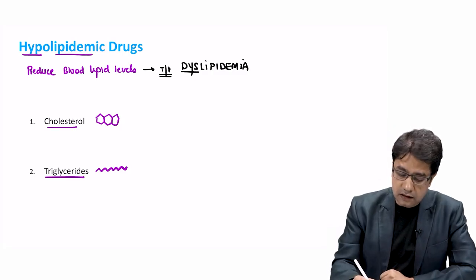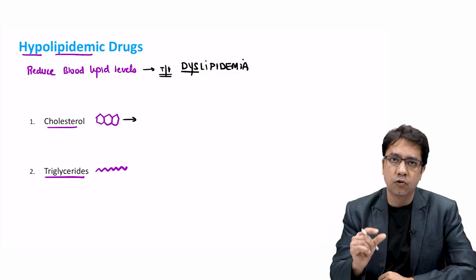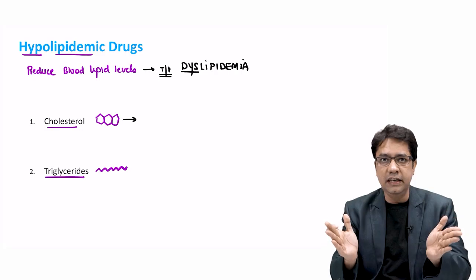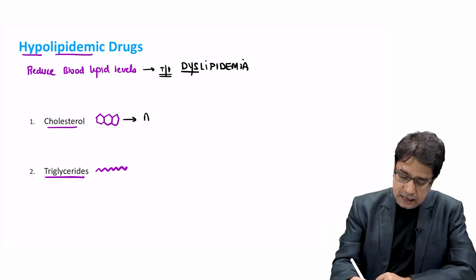If cholesterol levels are increased, cholesterol deposits below the endothelial cells of blood vessels, which leads to narrowing of blood vessels. This is known as atherosclerosis.